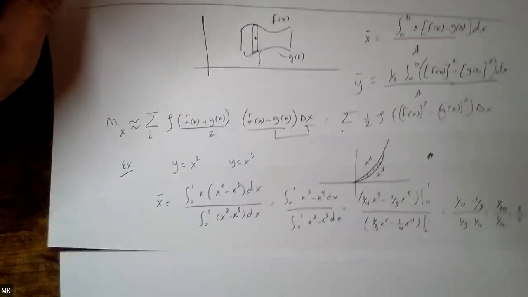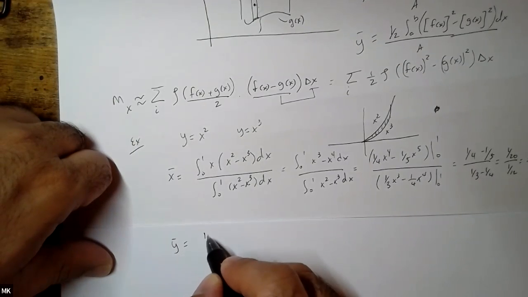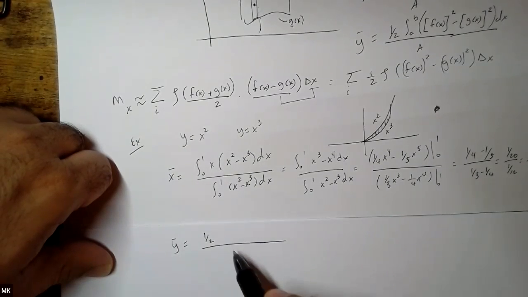My y bar is 1/2 of the integral from 0 to 1 of f of x squared minus g of x squared. Now the bottom doesn't change. Bottom is still going to be 1/12. That's the area.